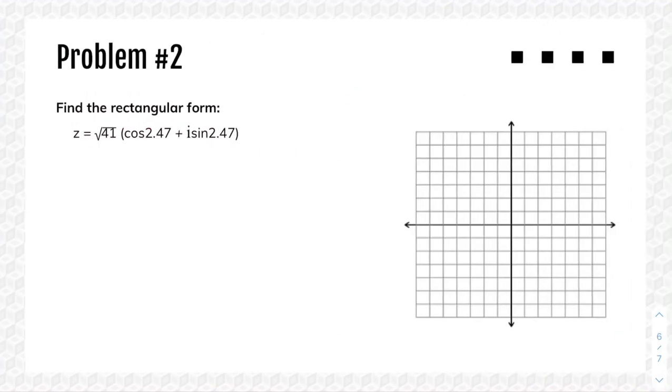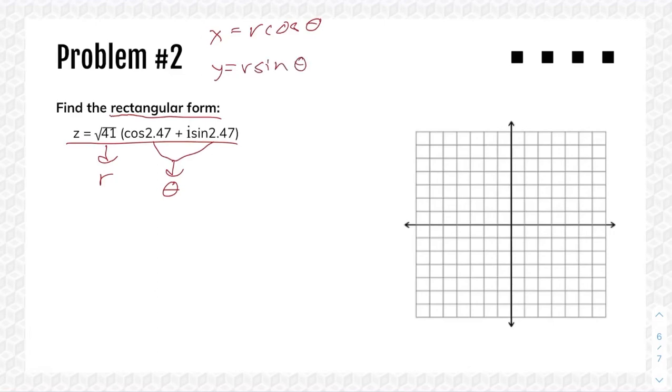Now going on to our second problem, we are given the polar form and we want to convert it to our rectangular form. Now we know from a polar form equation that radical 41 is our r, and these two numbers are our theta. Since we're only given r and theta, we should know from our past examples that x is equal to r cosine theta and y is equal to r sine theta.